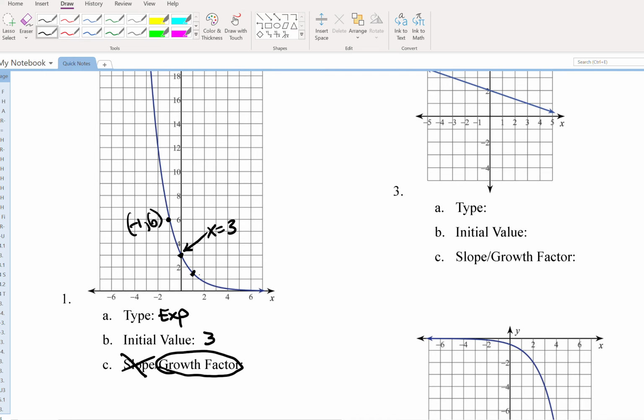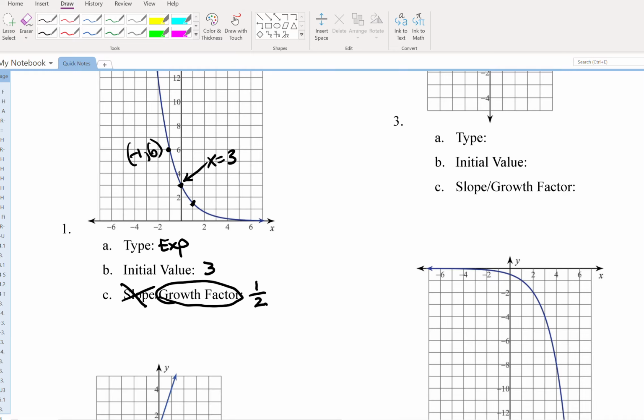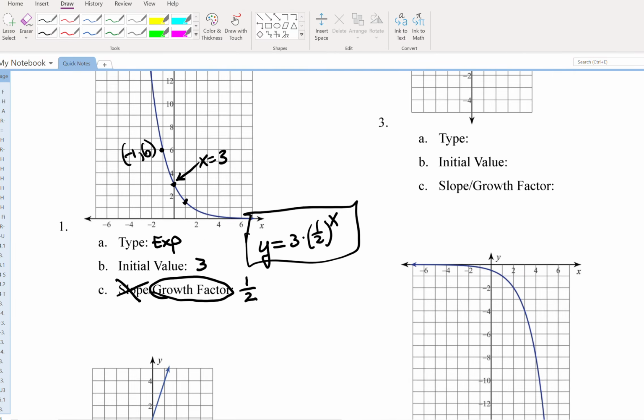And so that point right there would be 1.5. And so you can go through that and kind of see that does apply. So here the growth factor is 1/2. And the equation for that would be y equals 3 times 1/2 raised to the power x. And that's what this exponential would look like.